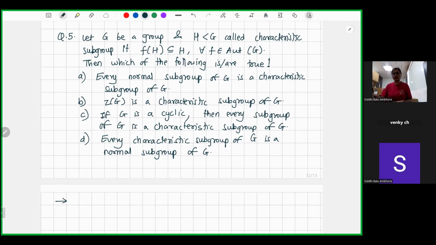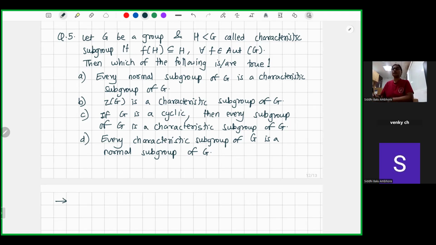Which one is true? Do you think that every normal subgroup is characteristic? So I hope you understood the definition of characteristic subgroup. G is a group and we start with any subgroup H of G, and we have the automorphisms of G. H is such that under all automorphisms its image will again land back in H itself.